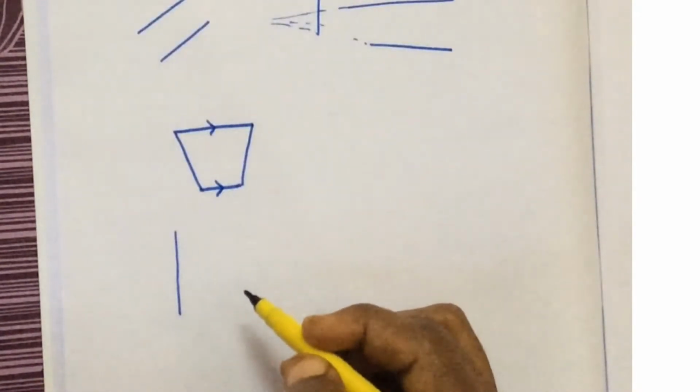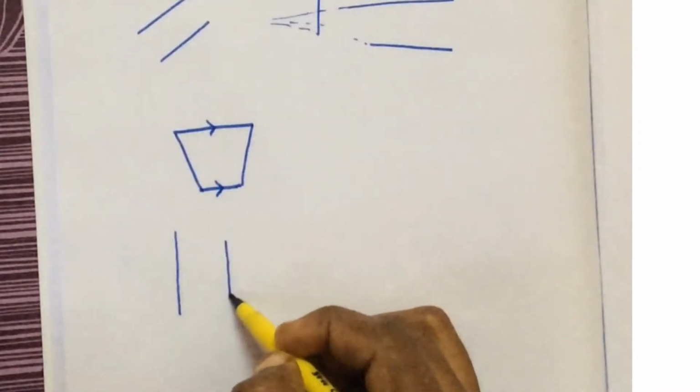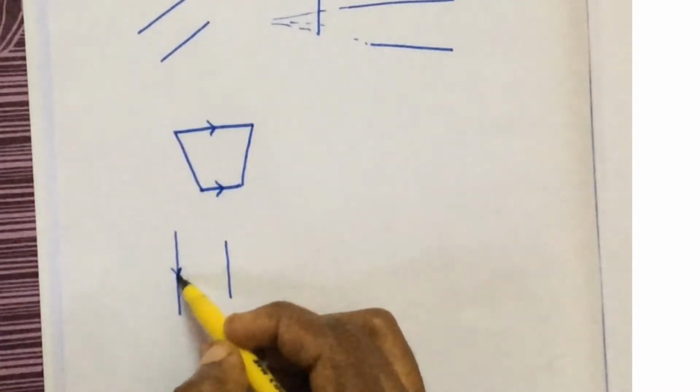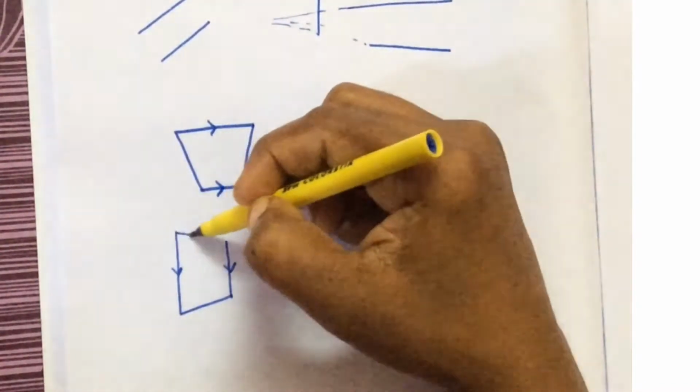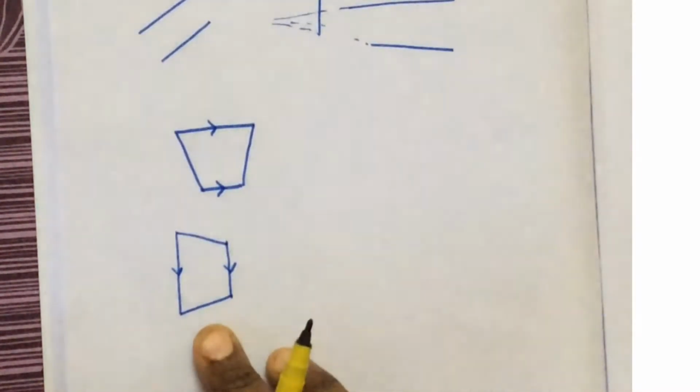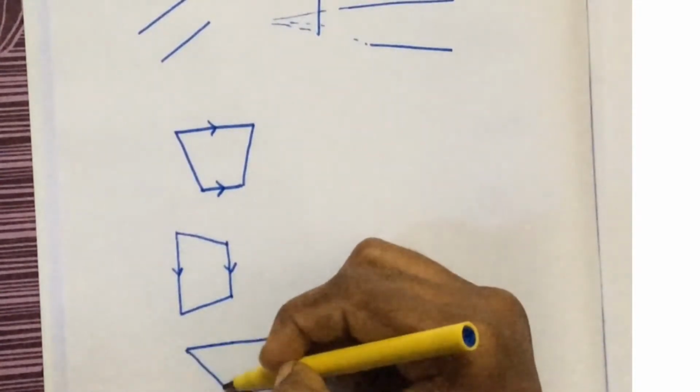Let me draw another example for a trapezium. I am drawing a parallel side. These two lines are parallel. So I am joining the lines like this. This is an example of a trapezium. One more example. You can see here these two lines are parallel.